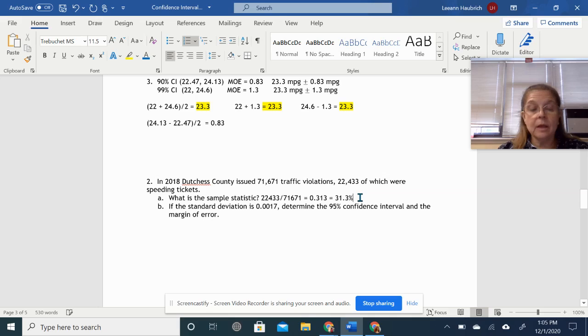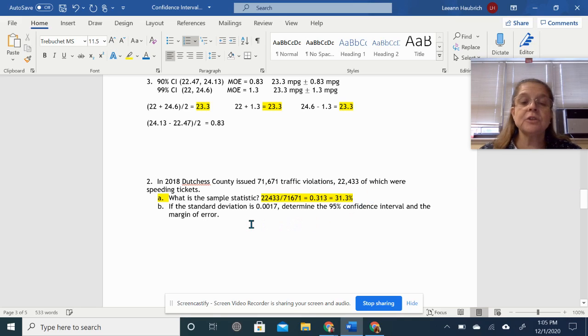Going out the extra space allowed me to get my decimal value out to the nearest tenth. So basically, of all the traffic violations that were given out that year, about 31.3% of them were speeding tickets for Dutchess County.